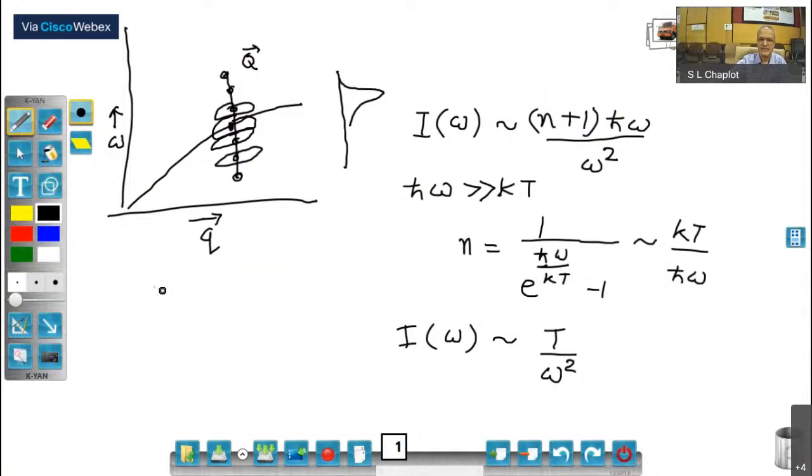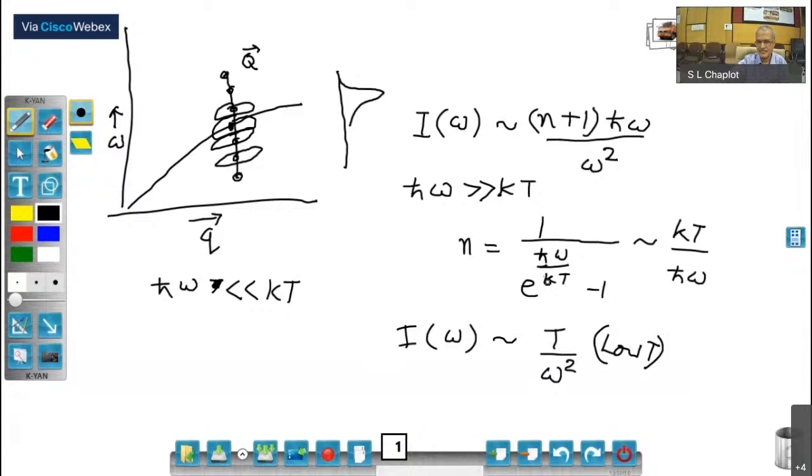Now, if your h cross omega is smaller than kT, that means at high temperature, you have an omega squared dependence. Oh, sorry, it's mixed up.